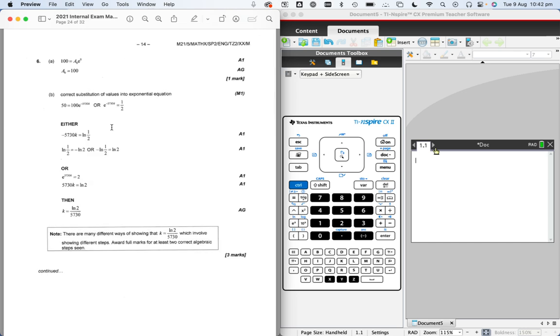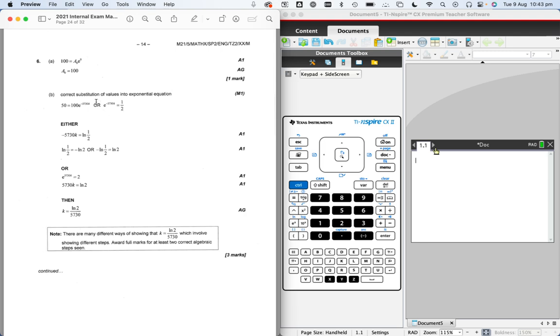So you've got 50 equals, so 50, the amount of carbon left because it was half of what it starts with. So 100 divided by 2 is 50. So 50 units would be left. And then you've got 100 e to the negative 5730. Divide both sides by 50 to get that, and then take the natural log of both sides.